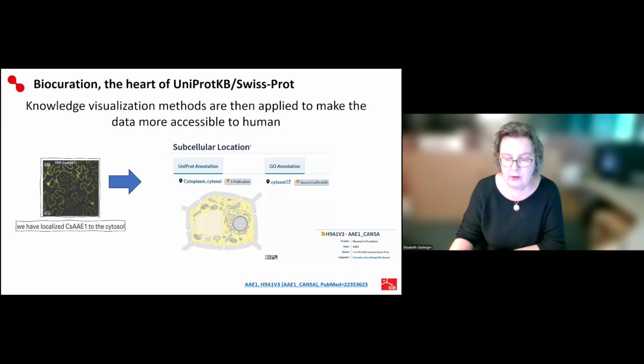In this case, we use a collection of cell illustrations that allow us to depict the protein's localization within the cell. That set of images is called Swiss-BioPics. It's also provided by members in our team, but can be used outside of UniProt.